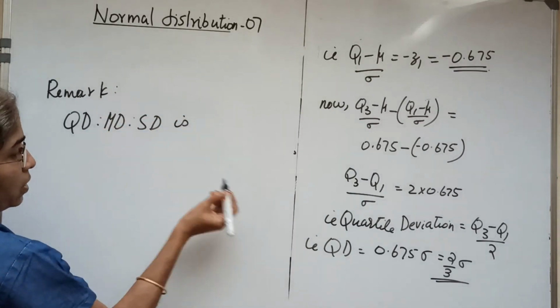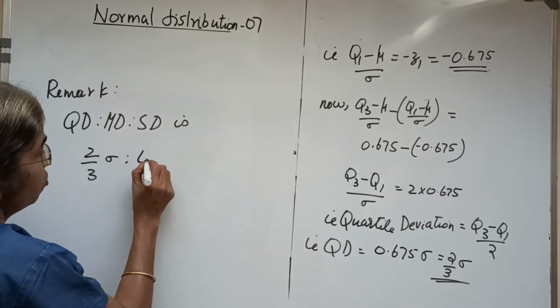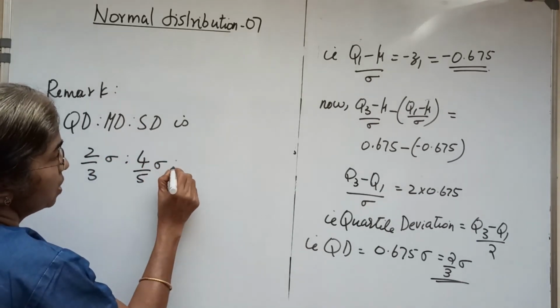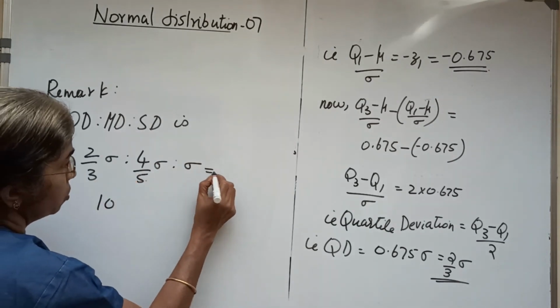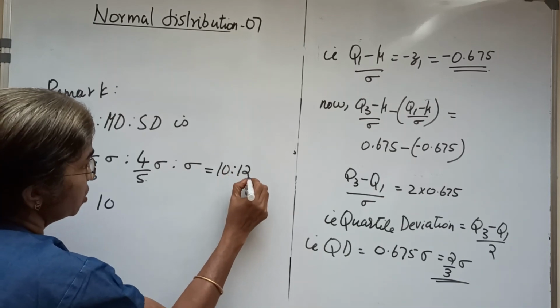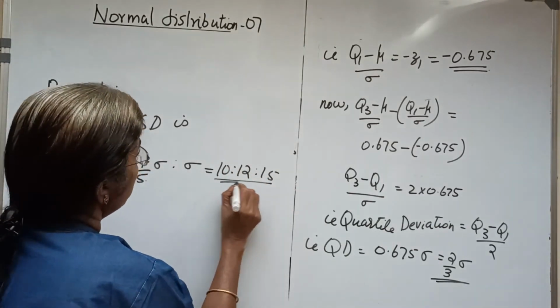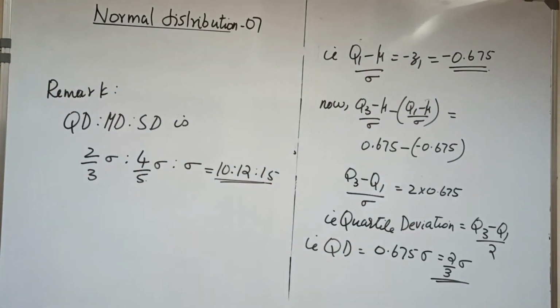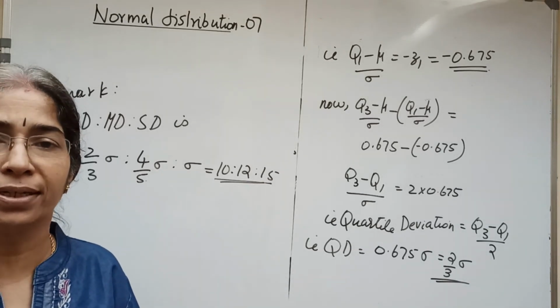Quartile deviation is 2 by 3 sigma, mean deviation we have already obtained as 4 by 5 sigma, and standard deviation is sigma. That is, 2 by 3 sigma is to 4 by 5 sigma is to sigma, so we get 10 is to 12 is to 15. So quartile deviation is to mean deviation is to standard deviation as 10 is to 12 is to 15. Thank you.